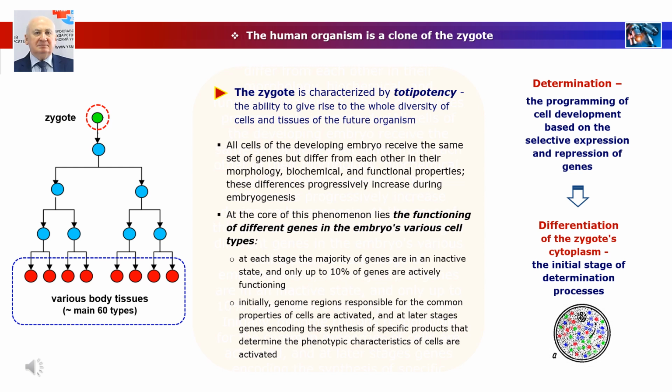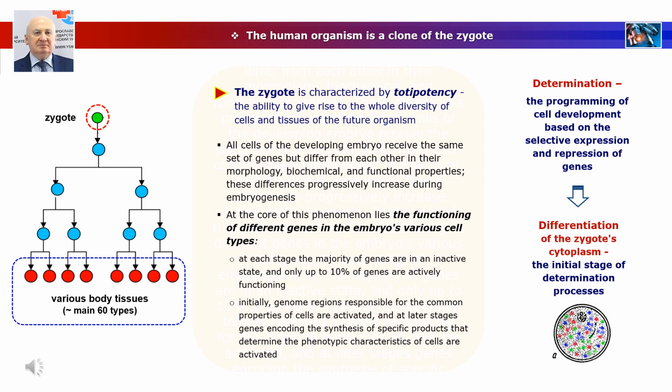At the core of this phenomenon lies the functioning of different genes in the embryo's various cell types. At each stage of embryogenesis, the majority of genes are in an inactive state, and only up to 10% of genes are actively functioning. Initially, genome regions responsible for the common properties of cells are activated.